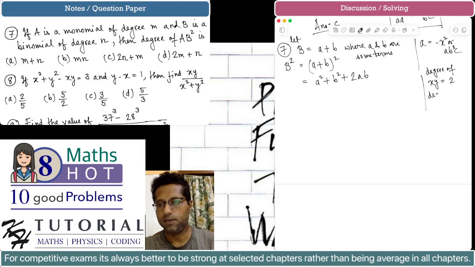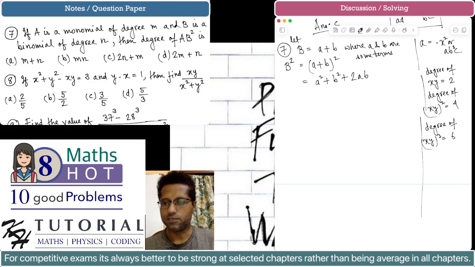Again, the degree of xy whole square will be equal to 4. Also, the degree of xy cube will be equal to 6.